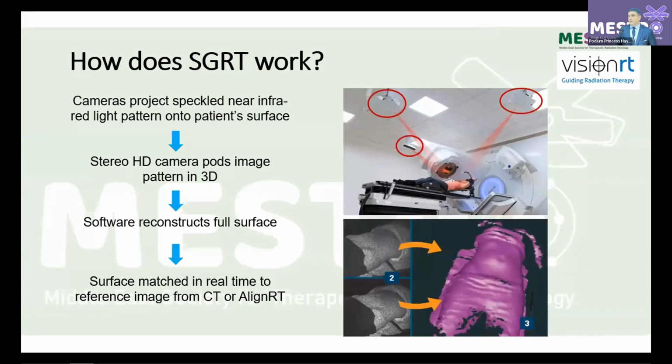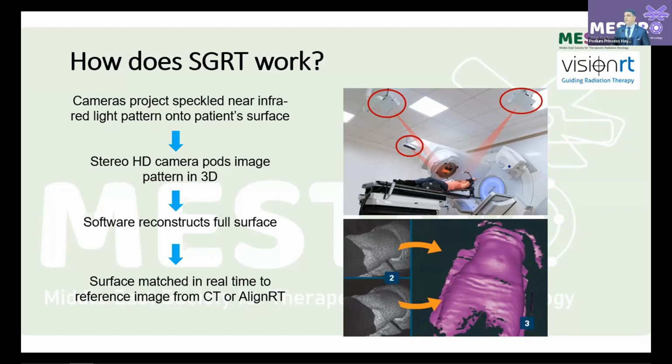So how does SGRT work? In a nutshell, it's surface imaging, of course. We have specialized stereoscopic cameras mounted in a bunker setting, whether for treatment or in a simulation on top of the CT gantry. Those stereoscopic cameras project a specialized pattern onto the patient's skin.